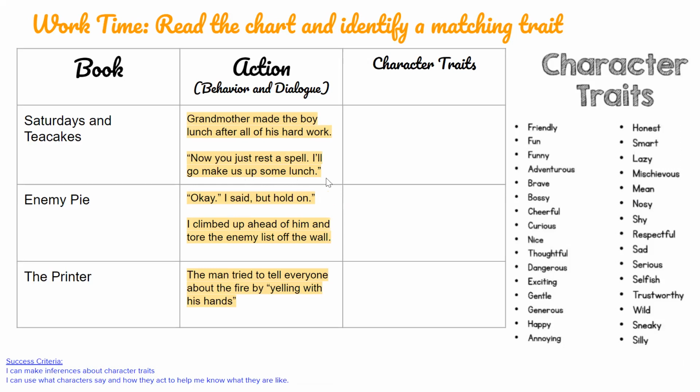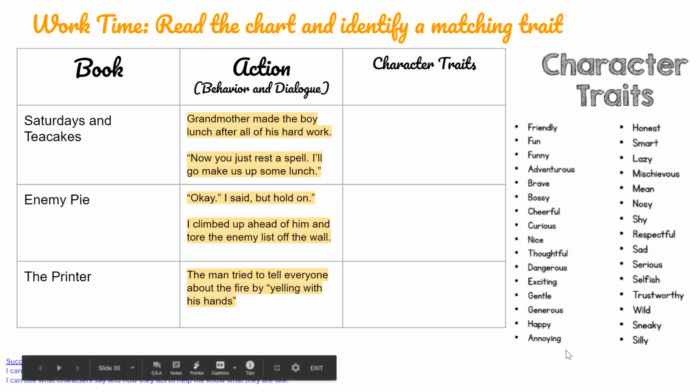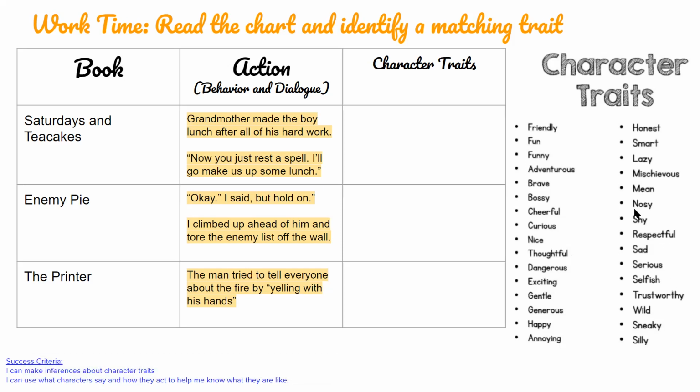So now look at our character traits. Grandmother made her grandson lunch after all of his hard work. So how can we describe her? Look through all of these. Would she be selfish? Would she be shy? Adventurous? Which one fits here? That's up to you to decide.